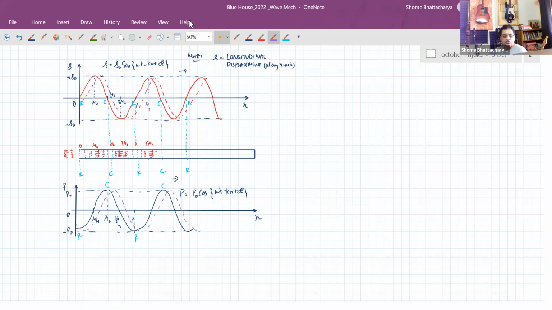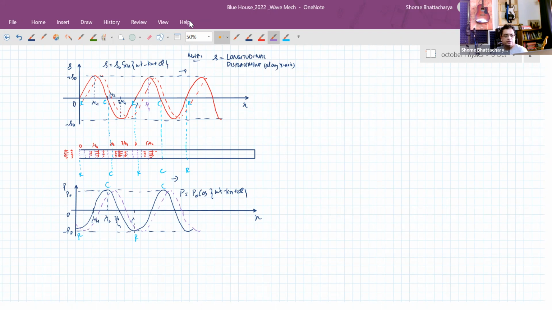Intensity is something which relates to the loudness of the sound that we hear in terms of the physiological effect of sound. But in terms of physics, intensity is power per unit area of cross section or energy propagating per unit cross sectional area per unit time.